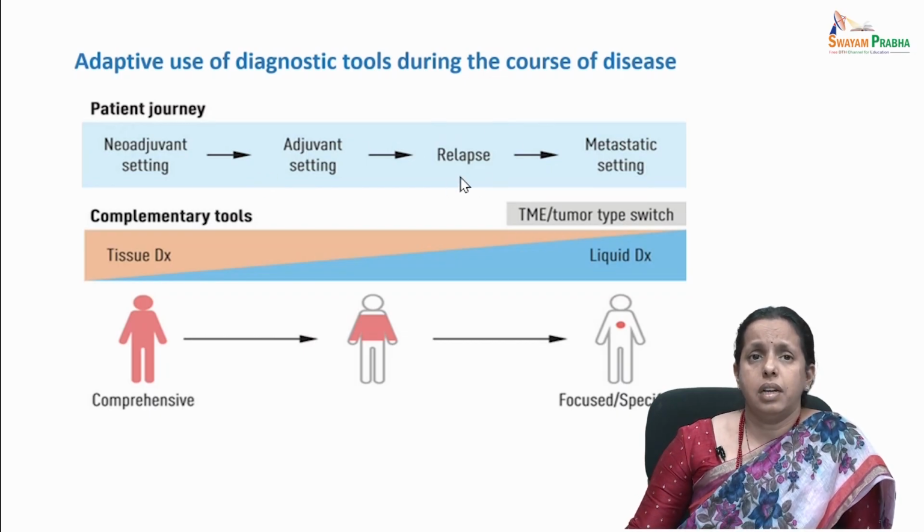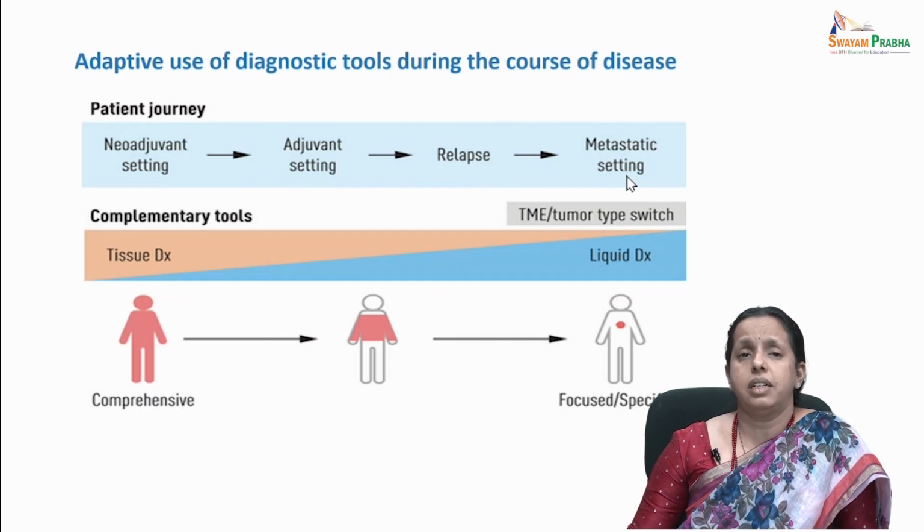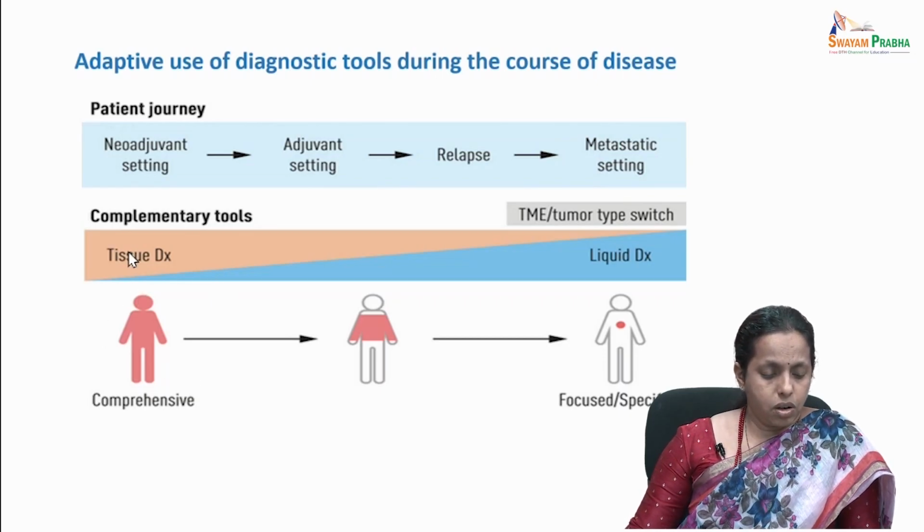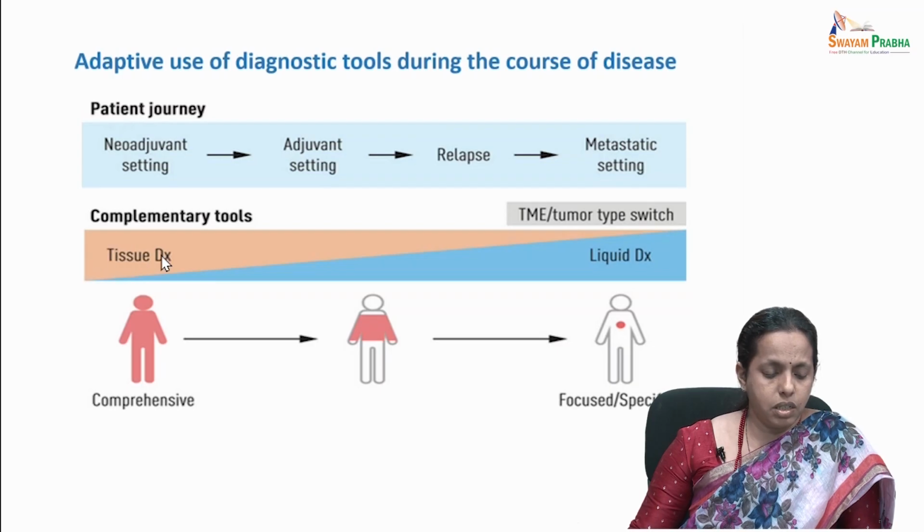Then if there is a relapse or a metastatic setting, you have complementary tools: your tissue biopsies and your liquid biopsies. You are more focused here.